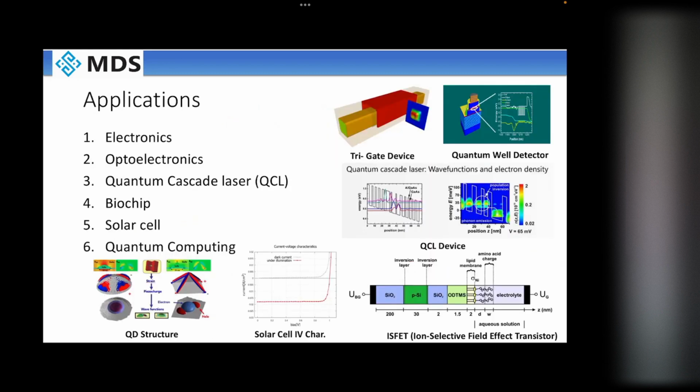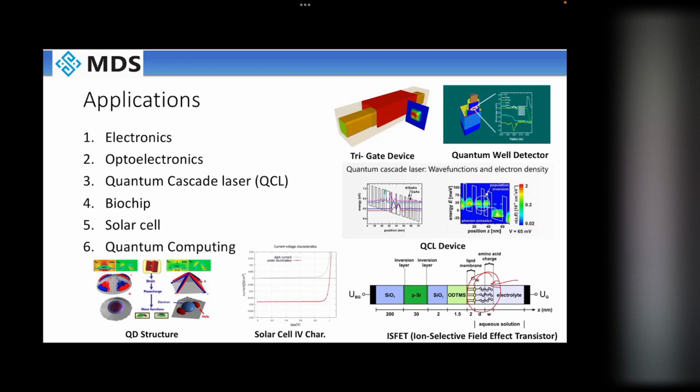Now coming to the different applications we have discussed: electronics, optoelectronics, quantum cascade lasers. You can also simulate biochips, because in biochips we usually have an electrolyte in between, and there is ion transport for the conduction.